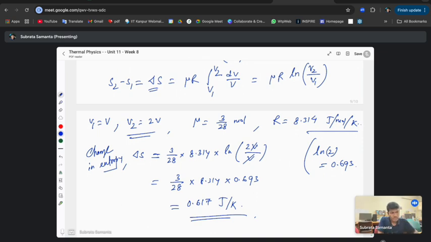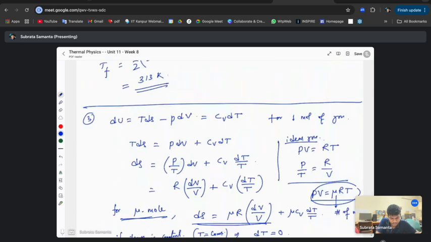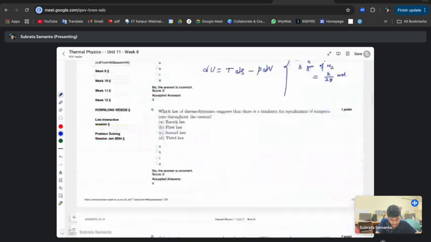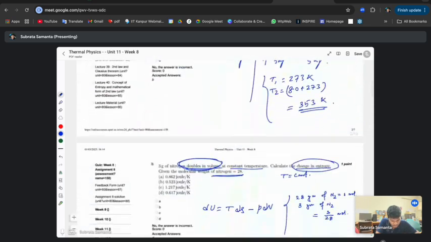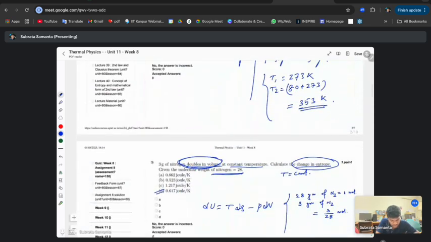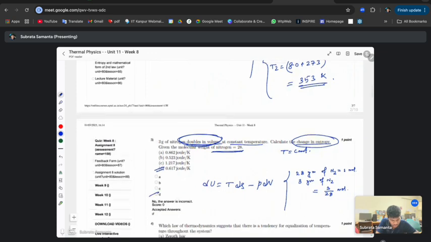Now you check the answer options. The answer is 0.617, so let's check the options. 0.617, so option D is correct, joule per Kelvin.